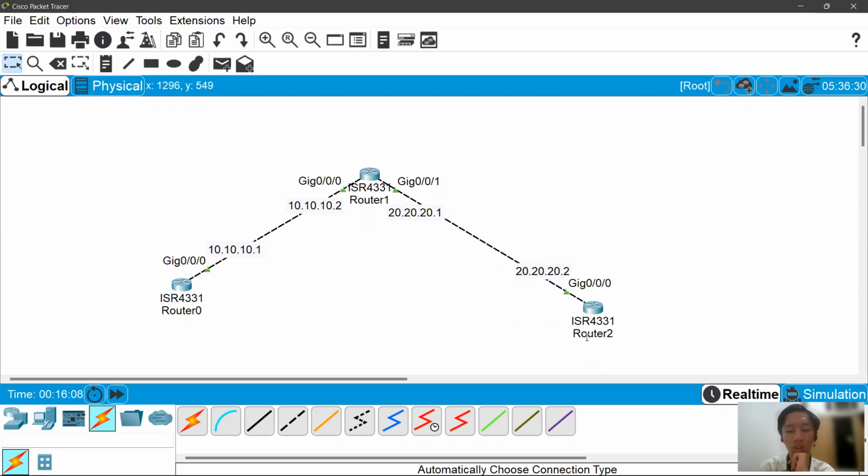And in router 2, interface gig 0/0/0, the IP is 20.20.20.2.